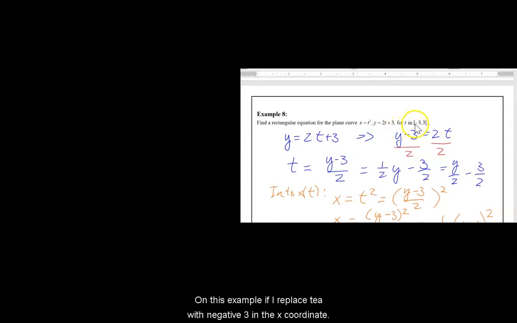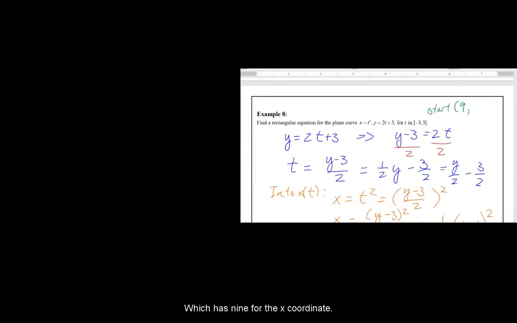In this example, if I replace t with -3 in the x-coordinate, -3 squared will give me 9. This means that it is in fact going to start at the ordered pair which has 9 for the x-coordinate. Plugging -3 in for t in the y equation would give me -6 plus 3, which is -3.